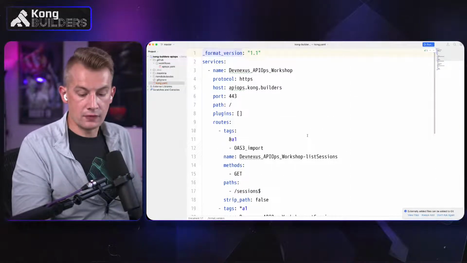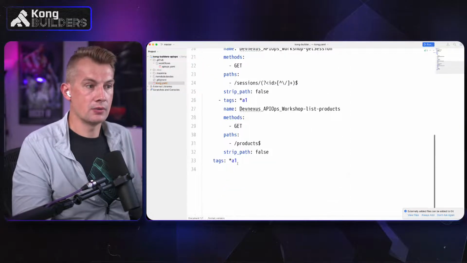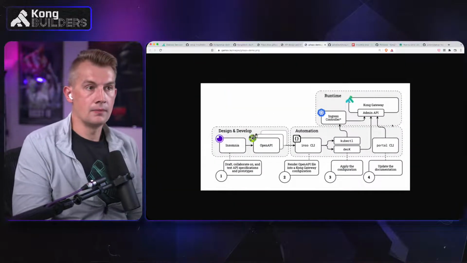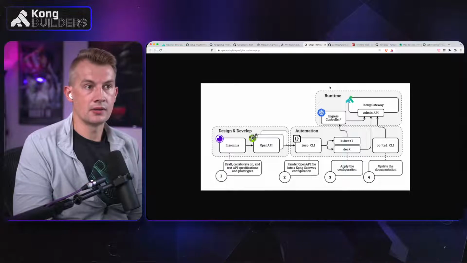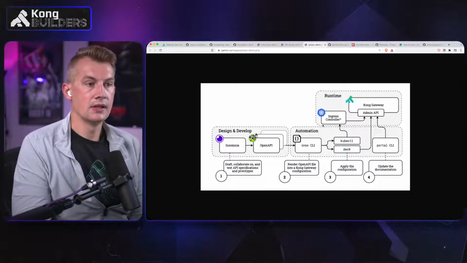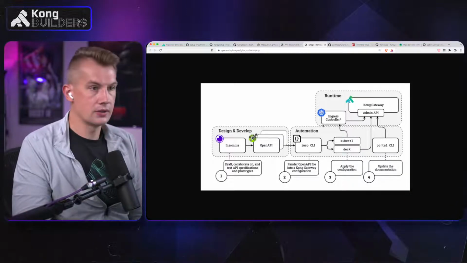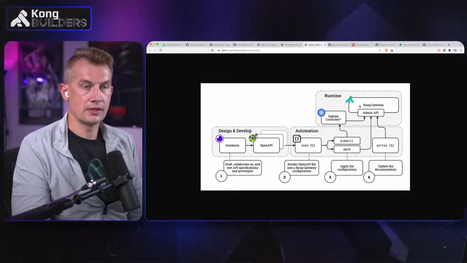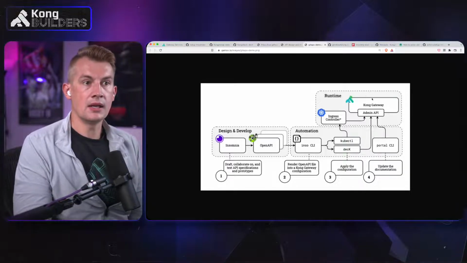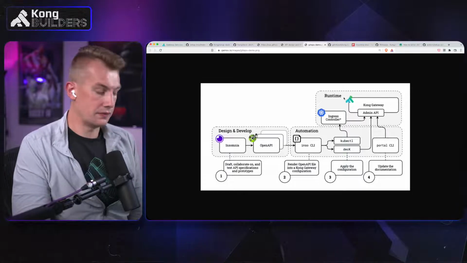Before I go into this APIOps part, I want to show you something really quick. In this particular case, the runtime part can be separated in two parts: the actual Kong instance that will be handling your traffic, and the thing that will be configuring it.